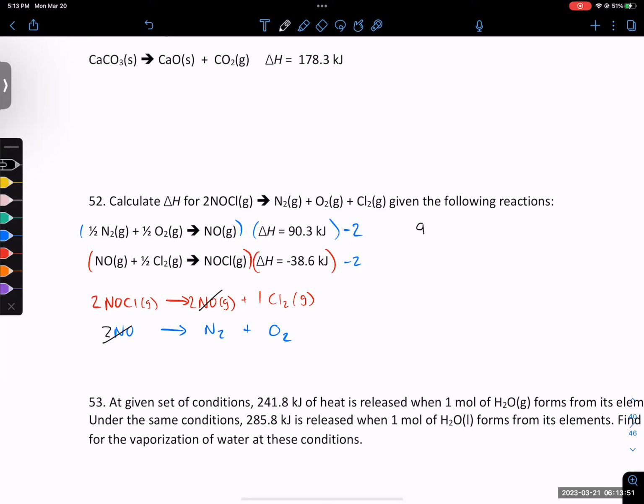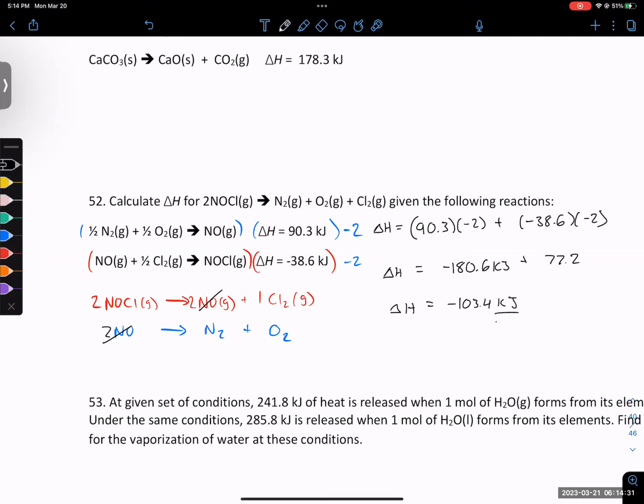So it would be 90.3 times -2 plus -38.6 times -2, and this is equal to delta H. This is going to be -180.6 kilojoules plus 77.2, and if you add those up, you get -103.4 kilojoules per mole.